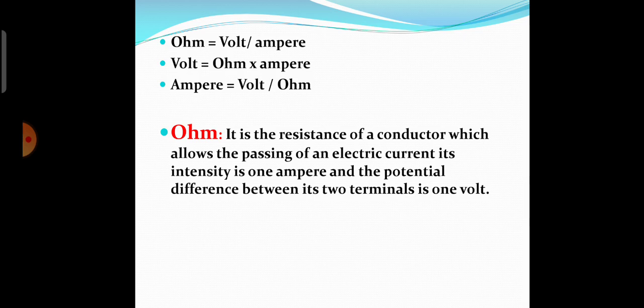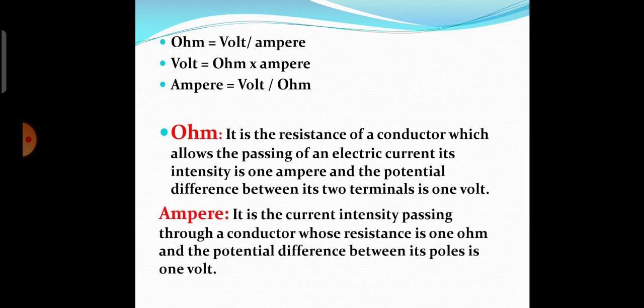What is meant by ohm? Ohm is the resistance of a conductor which allows the passing of an electric current whose intensity is 1 ampere when the potential difference between its two terminals is 1 volt.